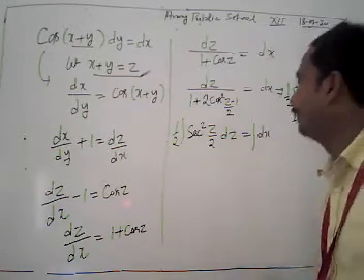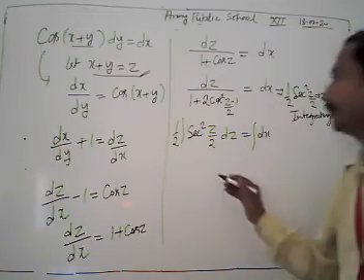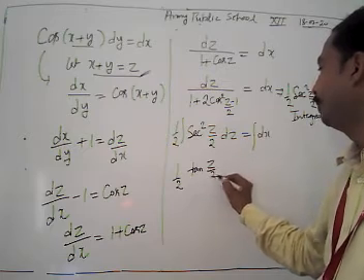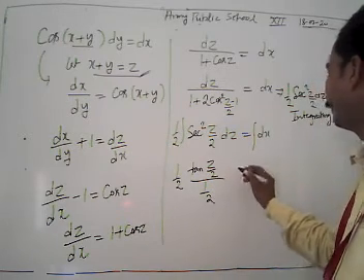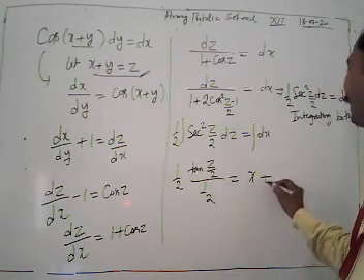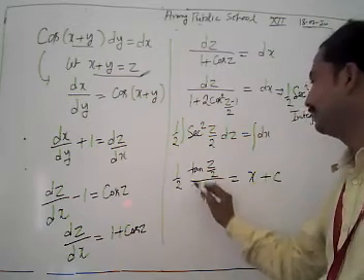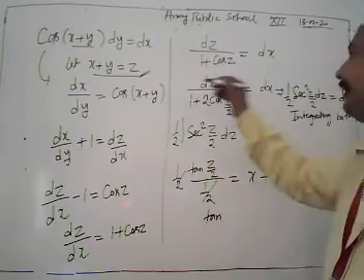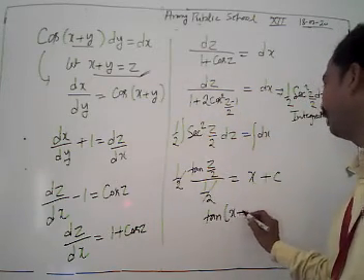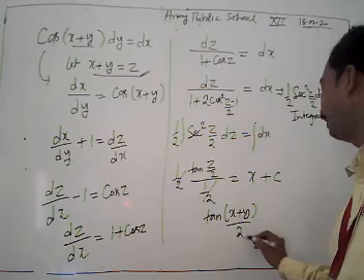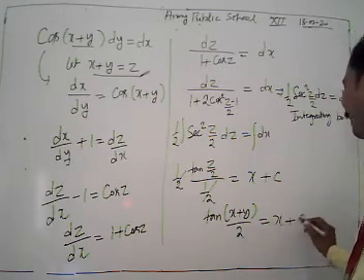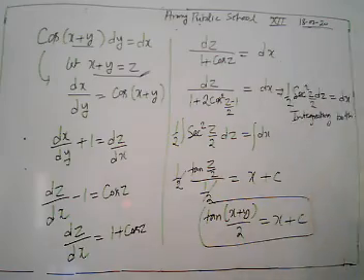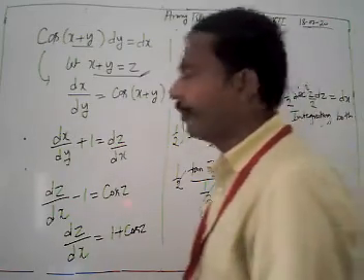What is the integration of sec square (z/2)? It's tan(z/2) divided by 1 by 2 equal to x plus c. The 2s cancel out, so we have tan(z/2). What is our z? x plus y, so tan((x + y)/2) equal to x plus c. This is our required solution of the given problem.